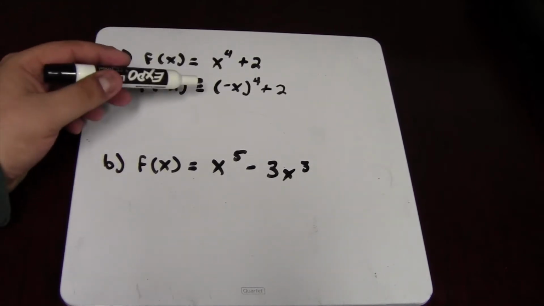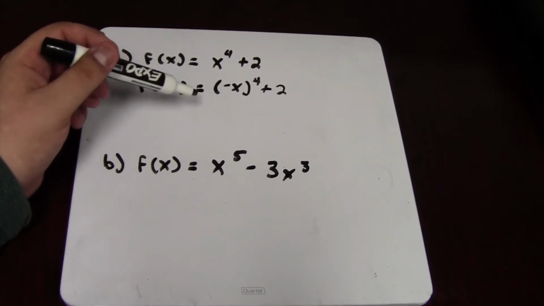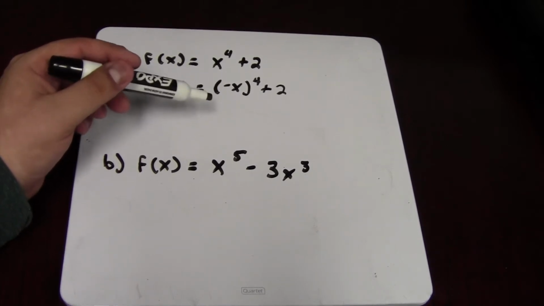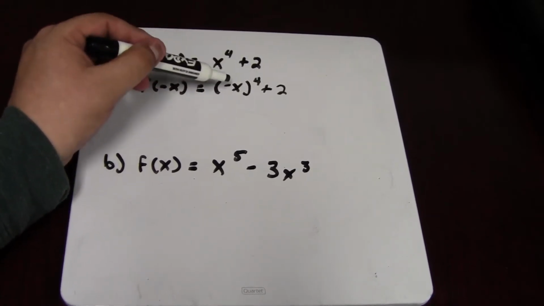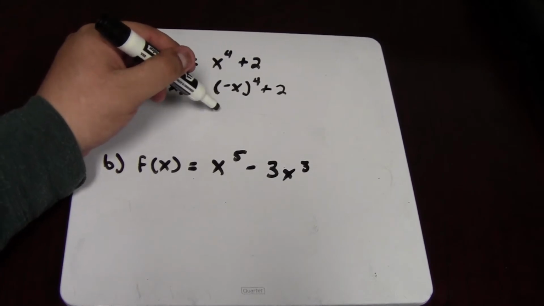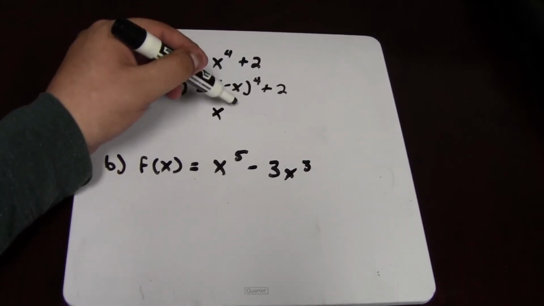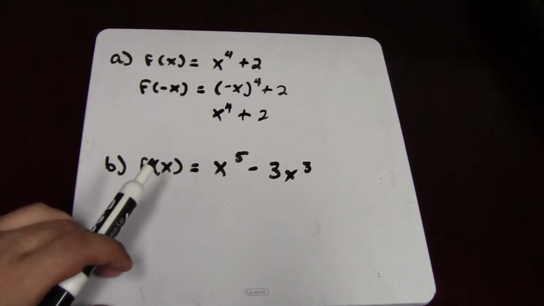We're multiplying negative x to itself 4 times. In doing so, the negative sign will drop. It will be positive. So in general, anytime this exponent is an even number and we have a negative in here, it becomes positive again. So we can write this as x to the fourth plus 2. Nothing happened here to the 2.